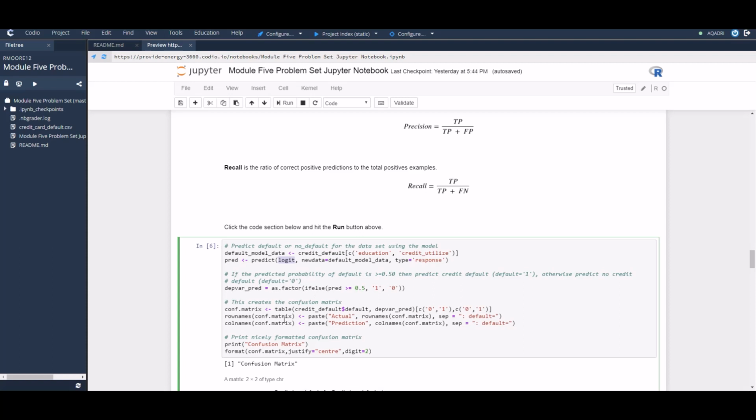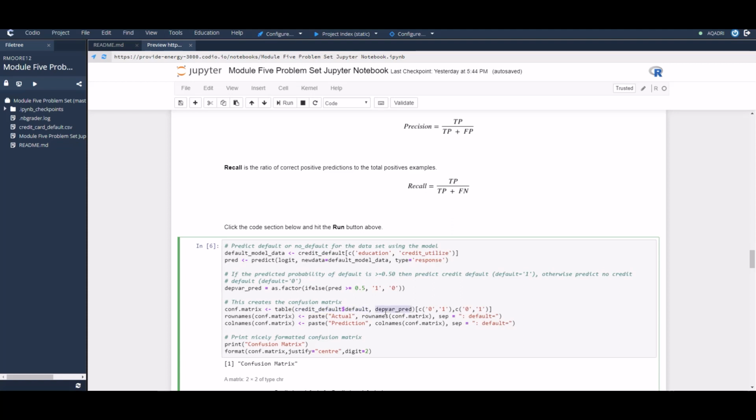So that's what we would do, and then we would use this row here to create a table. Okay, we're stepping now towards creating the confusion matrix. So this table takes the actuals, these are the labels, credit default, dollar sign, and then the default, that's the response variable.